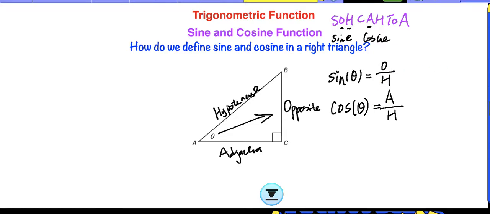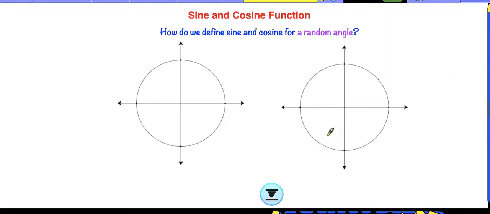So we are going to extend this definition to a random angle. A random angle is still going to be defined by using a circle. Let's draw a random angle here in a random circle. Remember, it's not a unit circle. If we don't tell you it's a unit circle, do not say that.